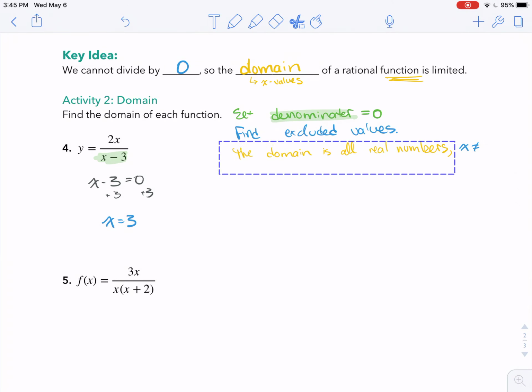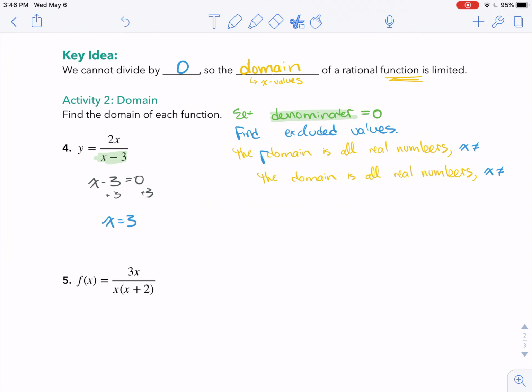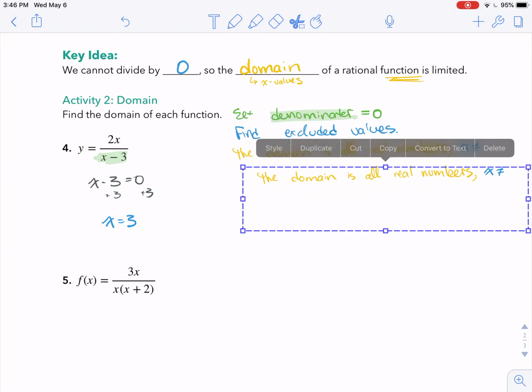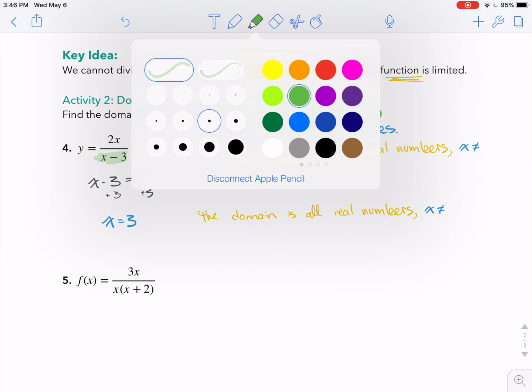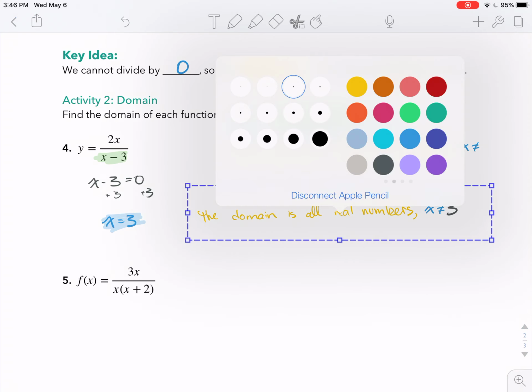So the domain is all real numbers, but x is not equal to our excluded value of 3. Super. That is our answer.